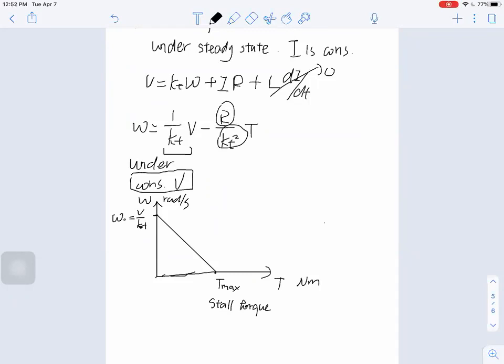That's the stall torque, and it equals KT V over R. Just be careful, this is a very bad point to run the motor at the stall torque, since omega is equal to 0, and that means all the current going into the motor will not convert to mechanical power. Instead, all the current will generate heat. So if you run at that point for a long time, you're going to burn and damage your motor.